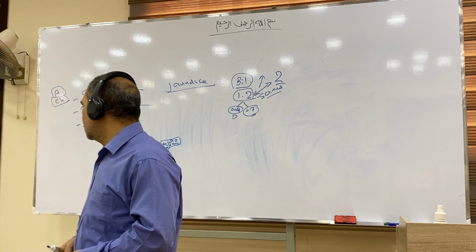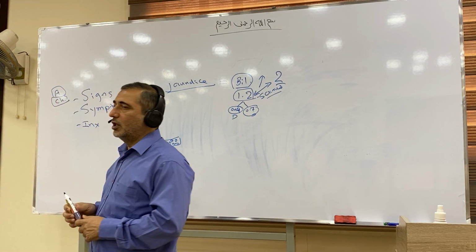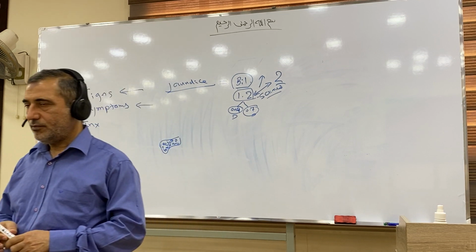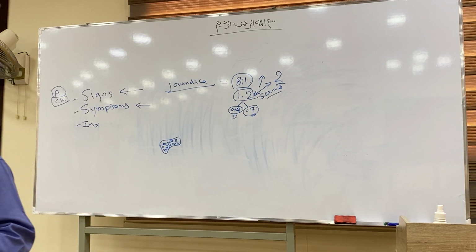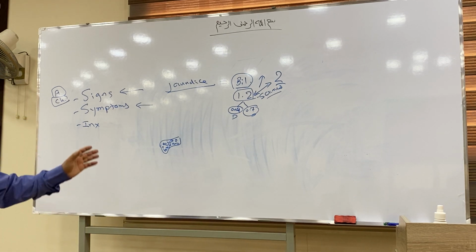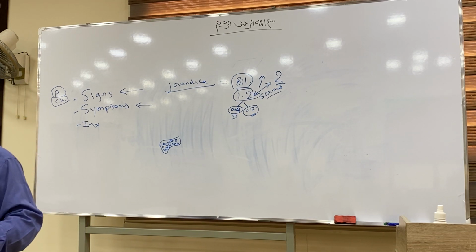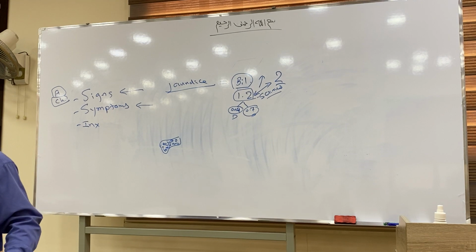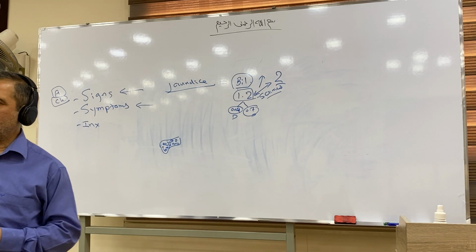These are the signs of chronic liver disease. Also among the signs of chronic liver disease, patients will have muscle wasting, because we said the liver is responsible for manufacturing protein, so without manufacturing of protein there will be muscle wasting.